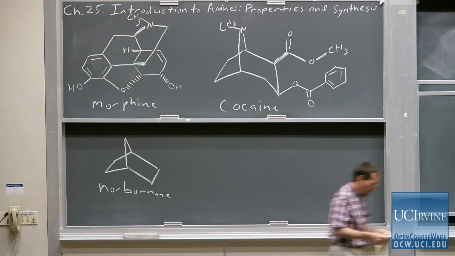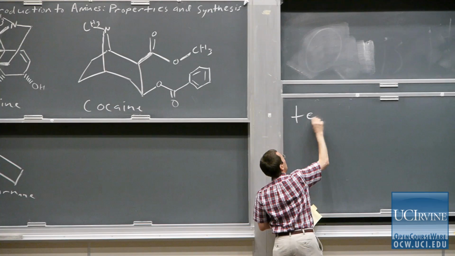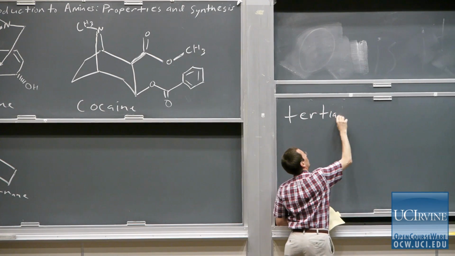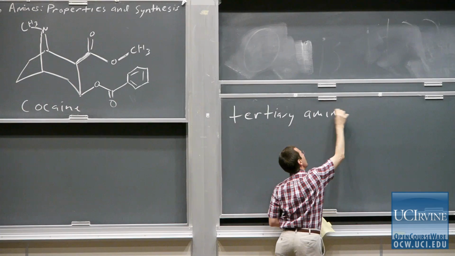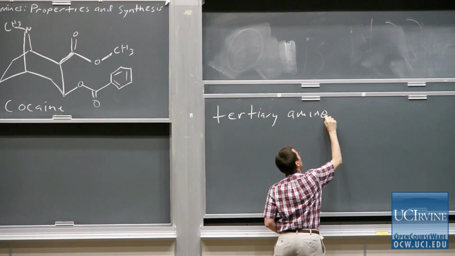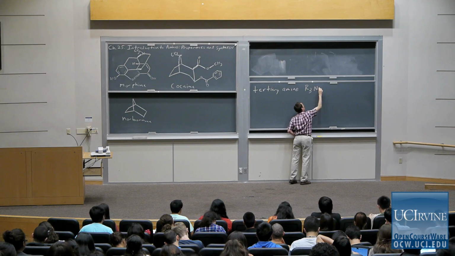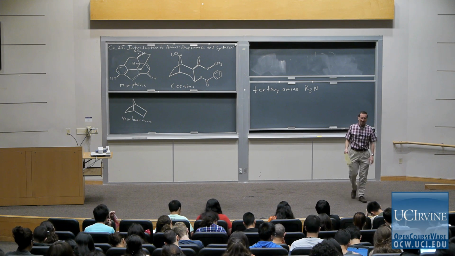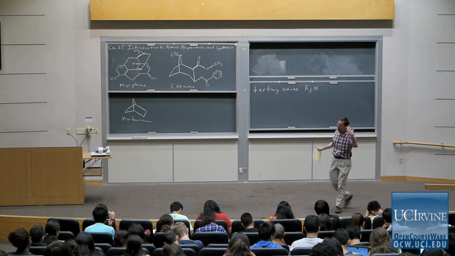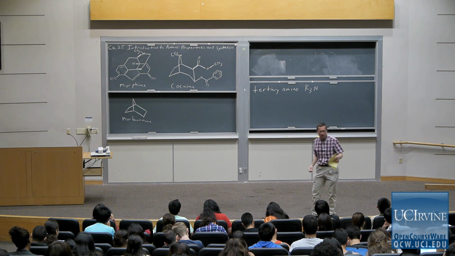We have an ester group over here. Okay, so the group there is a tertiary amine. I suppose the group is a tertiary amino group, but I'm going to write tertiary amine and just write a generic structure R3N. And I'm not going to be so fussy as to go R1, R2, R3N, but of course you can have 3 different groups.